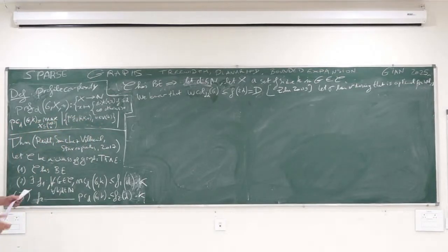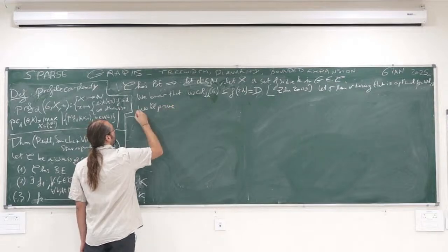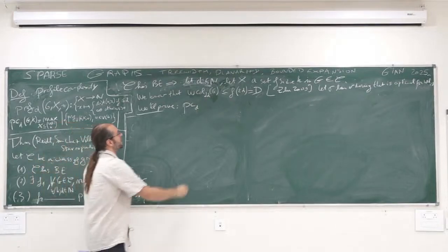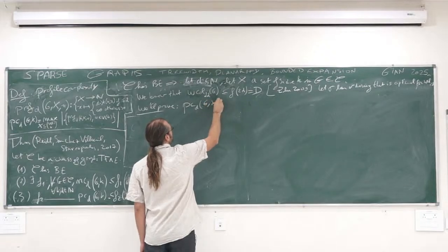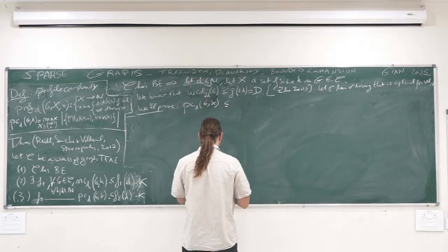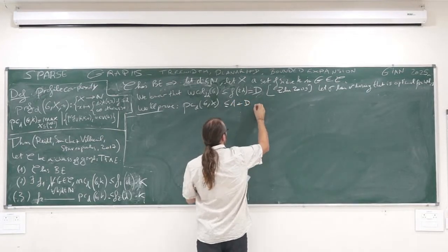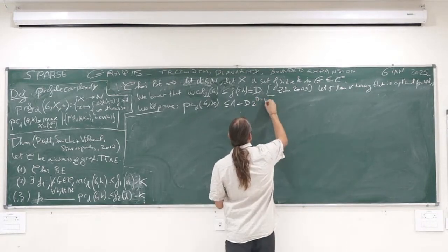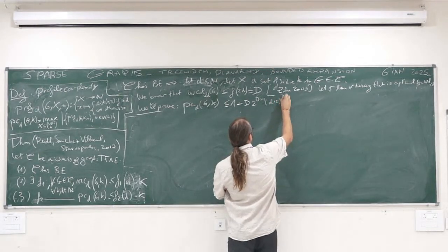I think I have all my assumptions now. So in fact, what we will prove is that the profile complexity at distance d of X of G with respect to X is at most the following function: 1 plus capital D, 2 to the power D minus 1 times D plus 2, something like that.